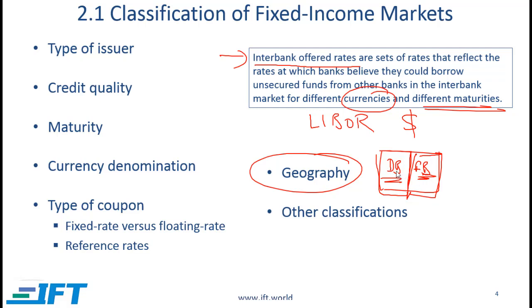And then we also have Euro bonds, which are not tied to a particular country. And hopefully this sounds very familiar because we have talked about this in the previous reading. There can be other classifications as well. For example, there might be a category of bonds which are tax exempt. So we can say one classification is tax exempt bonds versus bonds which are not tax exempt.